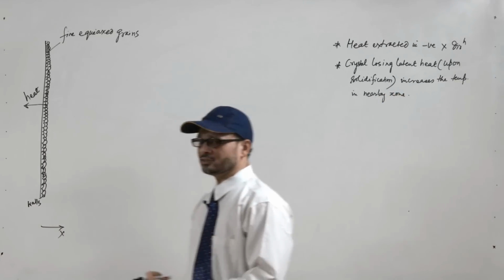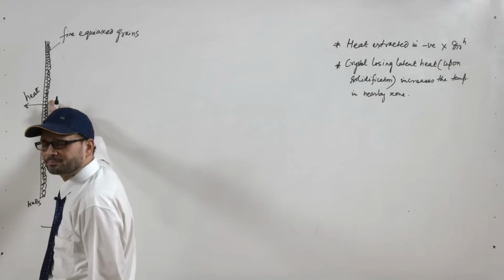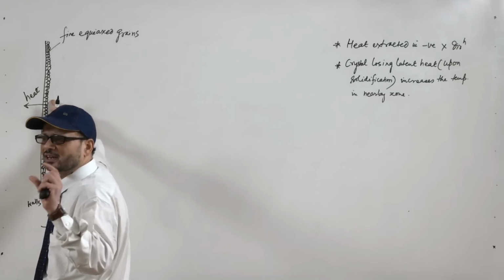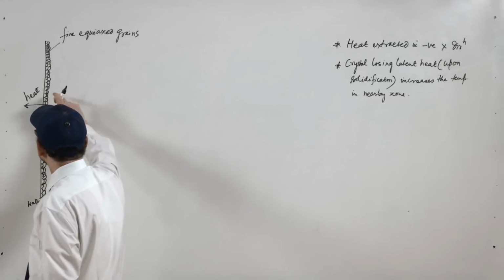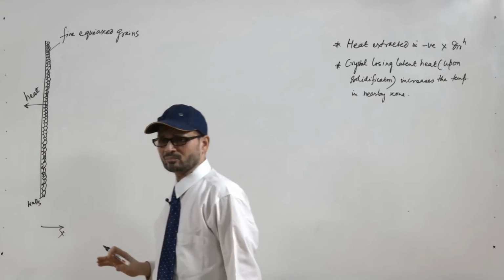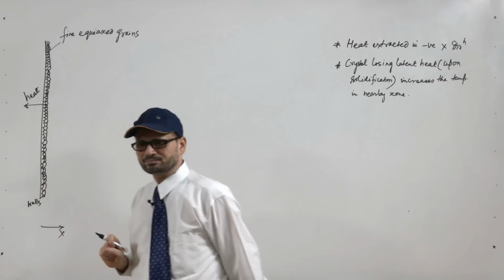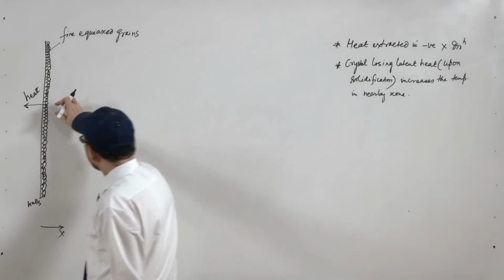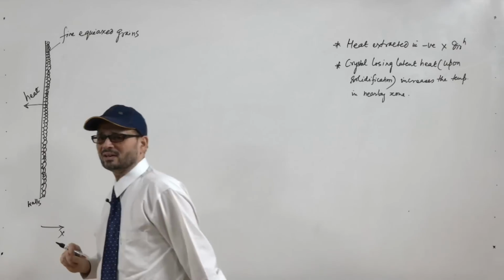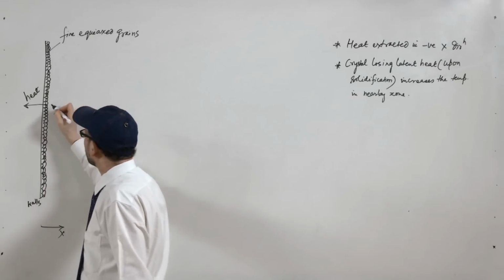Suppose this crystal has solidified, it has lost certain of its latent heat. This latent heat released will flow in all directions. It will flow in this direction as well as in this direction. Once it goes in this direction, it immediately increases the temperature of the adjacent liquid.